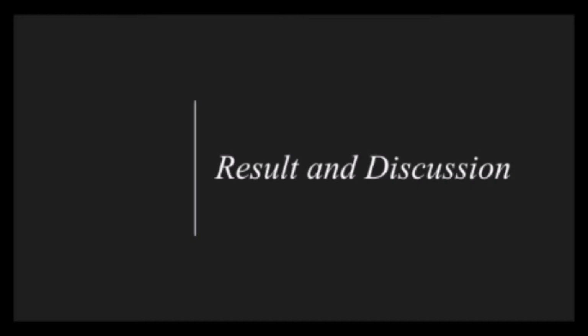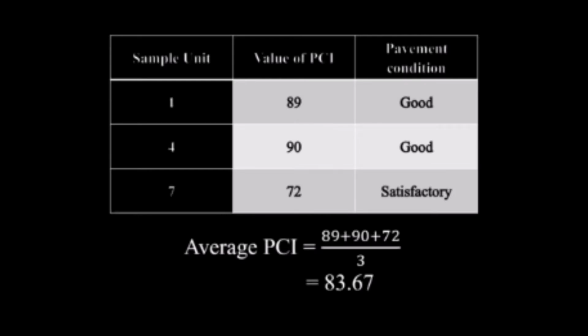Thank you. Results and discussion. Out of the 3 samples, samples 1, 4 and 7, we found that only 1 sample is in satisfactory condition and 2 are good. The average PCI we get is 83.67, which falls in category B in PCI.